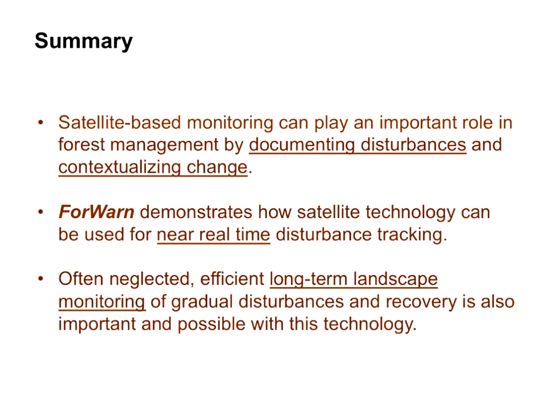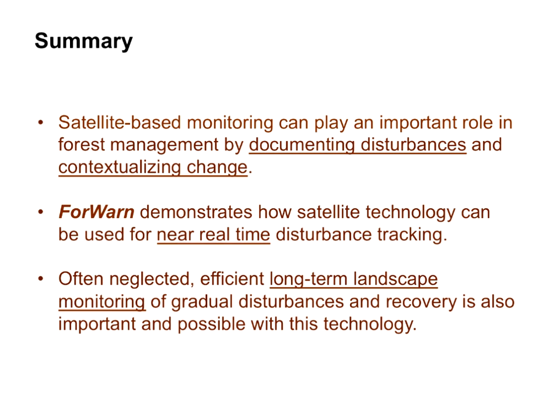So in summary, satellite-based monitoring can play an important part in forest management by documenting disturbances and contextualizing change. And ForWarn, as I've shown with this presentation today, shows how satellite technology can be used for detecting disturbances and tracking them in near real time.